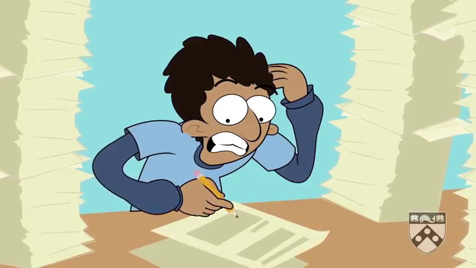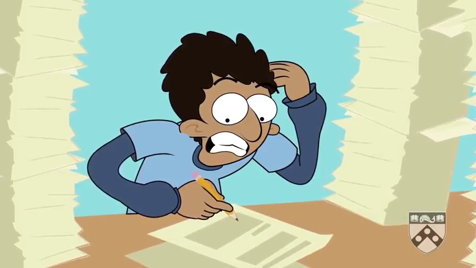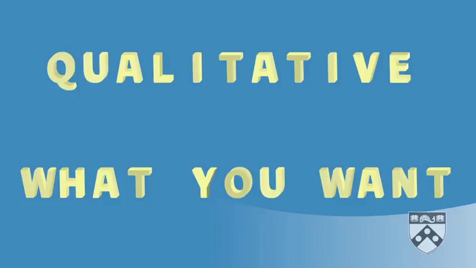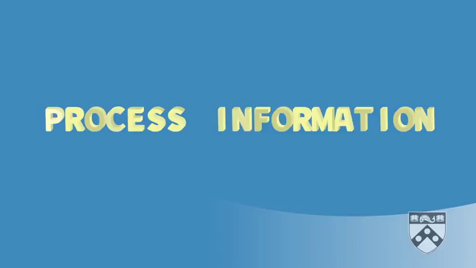As you go through the research process, your list is going to grow and grow and grow. In the end, your school list is going to be the one place that you have gathered qualitative information about what you want in a school, quantitative information about the admissions process and getting in, and process information about things like deadlines, required documents, majors, and other features of that nature.